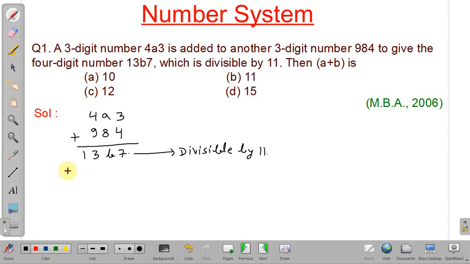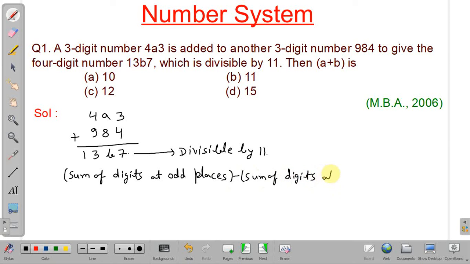So what is the divisibility rule? That is, sum of digits at odd places minus sum of digits at even places is equal to a multiple of 11 or 0.